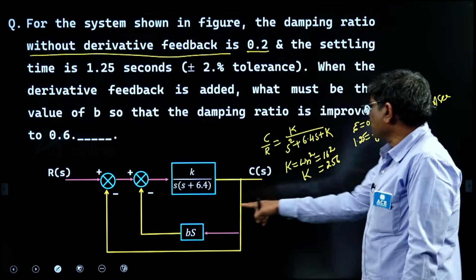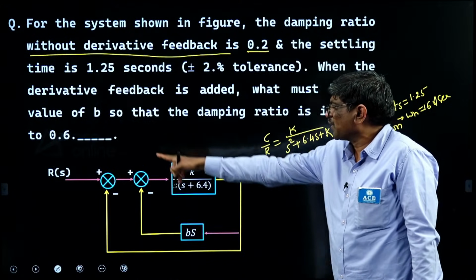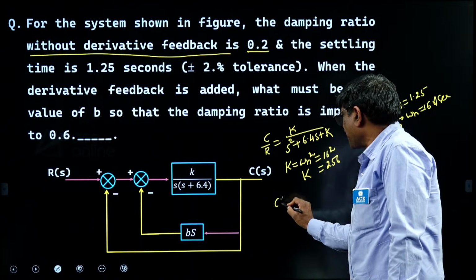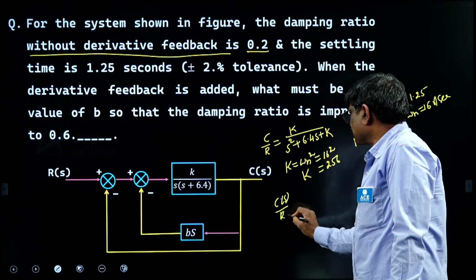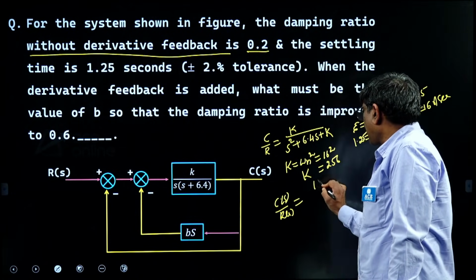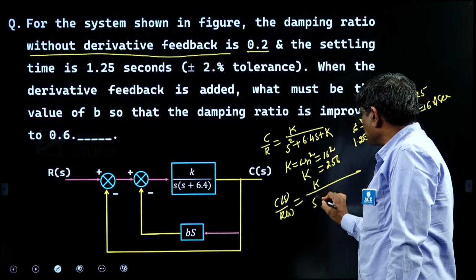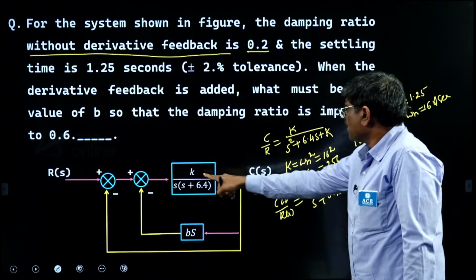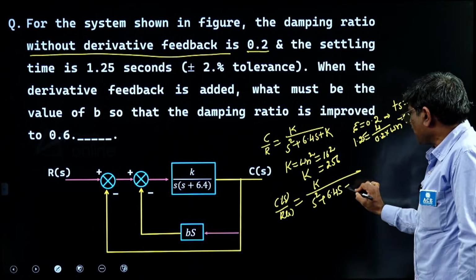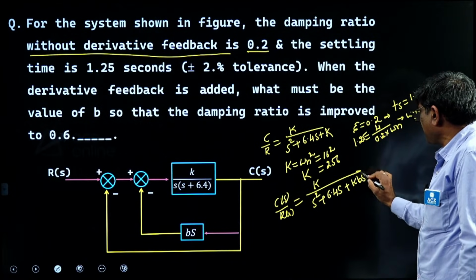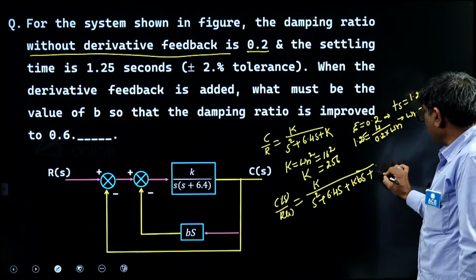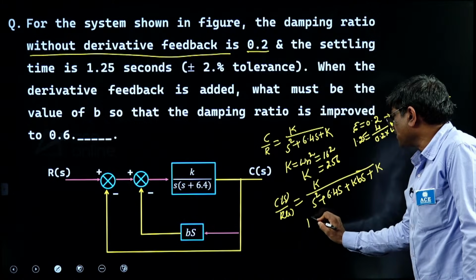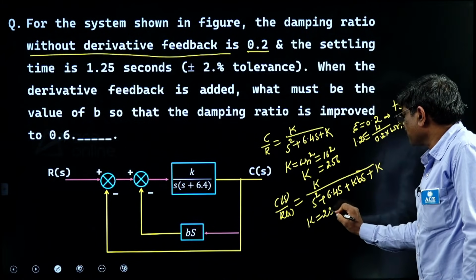Next, you find the B value to get zeta 0.6. Again find the closed loop transfer function, C of S by R of S. So K divided by S square plus 6.4 S, K product with this. That means you will get KBS plus again K. So now K is how much? 256.